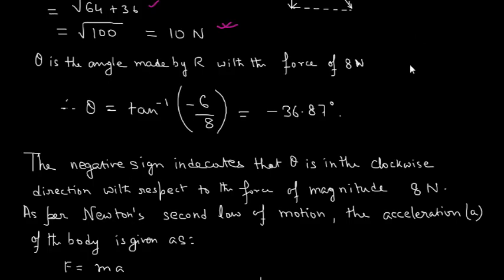Theta is the angle made by R with the force of 8 Newton. Therefore theta is equal to tan inverse of minus 6 by 8, which is equal to minus 36.87 degrees. The negative sign indicates that theta is in the clockwise direction with respect to the force of magnitude 8 Newton.